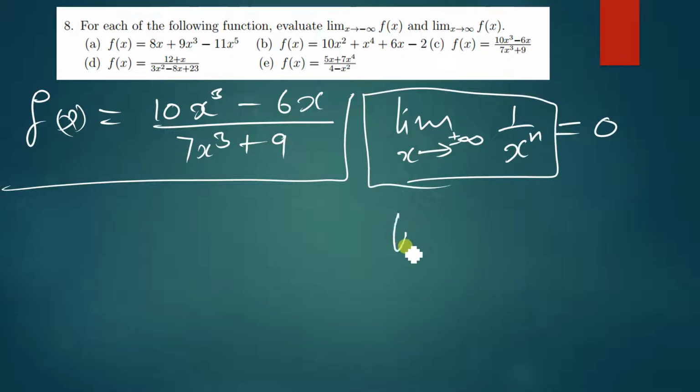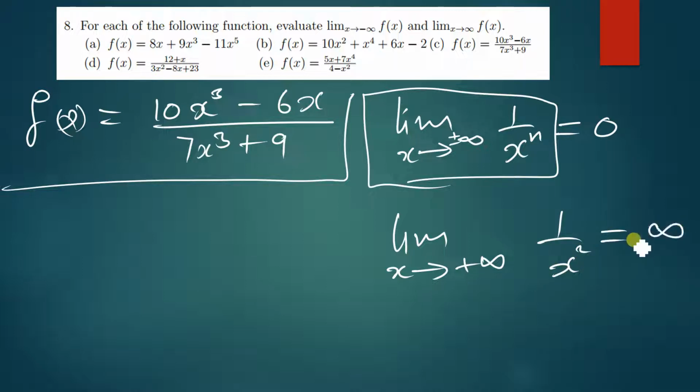For instance, the limit as x approaches positive infinity of 1 over x to the power 2 is 0. Yes, it's 0. This n can be 2, 3, 4, 5, going up, and the solution will still be 0.